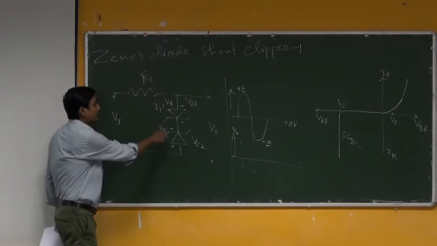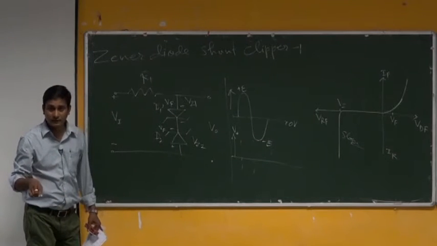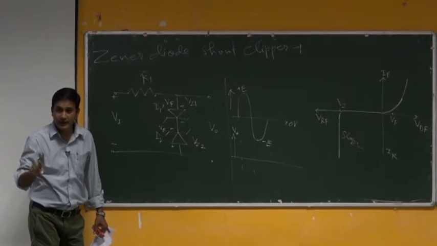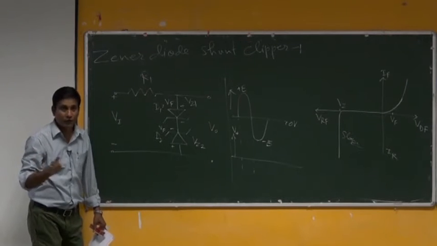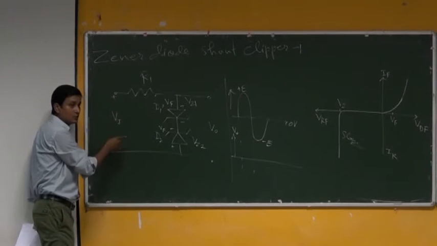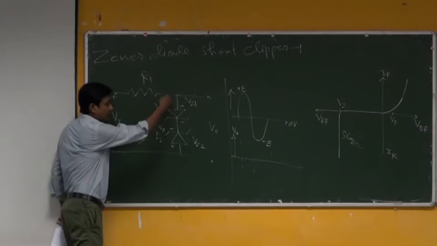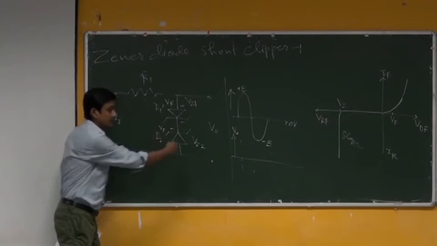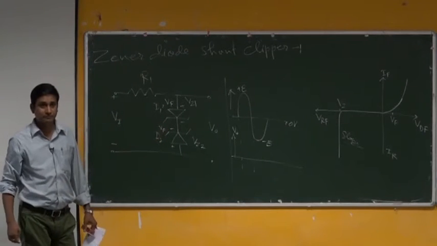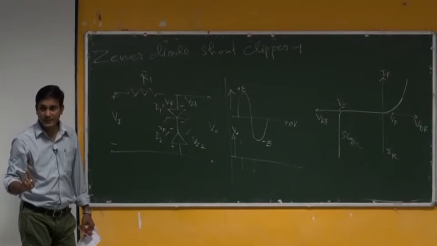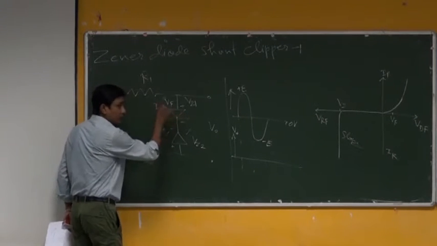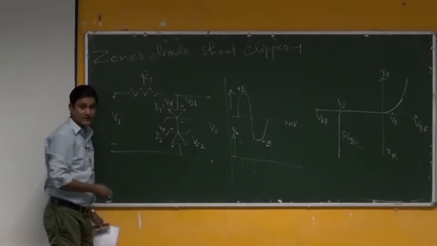So these two diodes can conduct simultaneously only if the voltage applied here goes beyond Vf, obviously, and then also beyond Vz2. Is it clear? Say some voltage has come here which has made this forward biased.